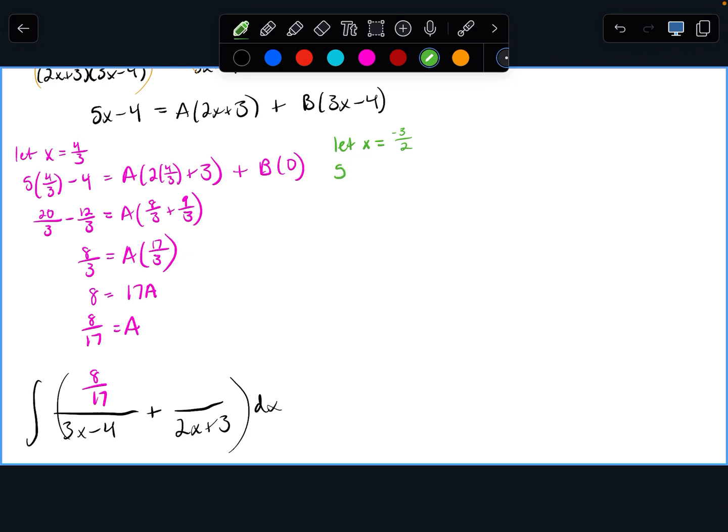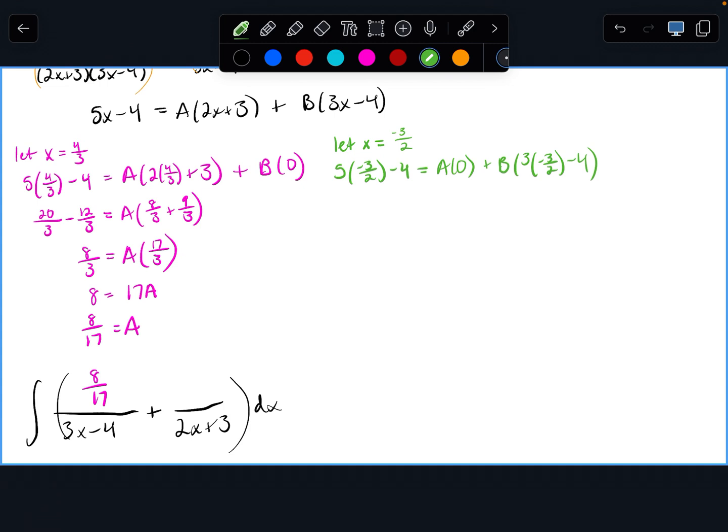Isn't this more fun? -3/2 minus 4 equals A times 0, which was the point, plus B times 3 times -3/2 is 4.